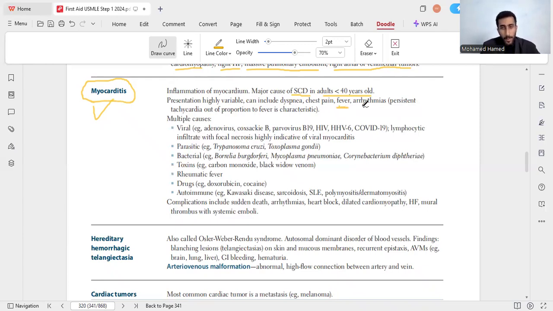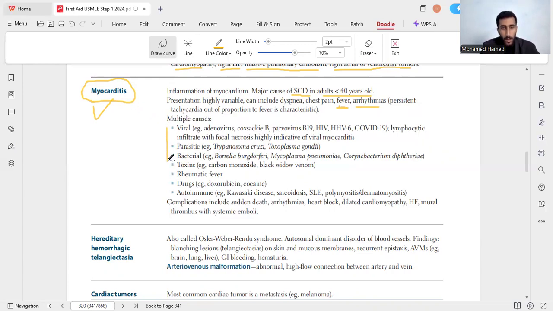With fever you will have a tachycardia that is proportional to that fever. But in myocarditis, you may get different kinds of arrhythmias, including a tachycardia out of proportion to the fever.